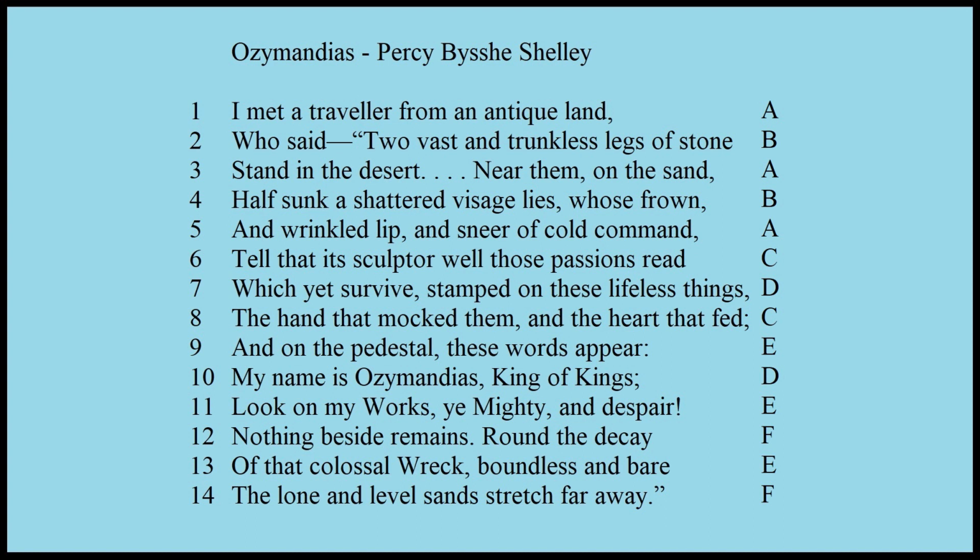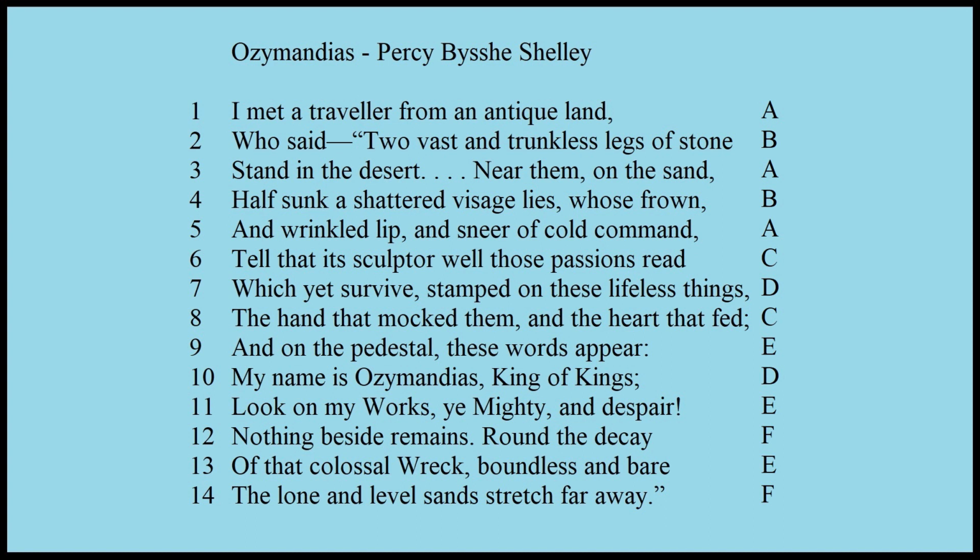I met a traveller from an antique land, who said two vast and trunkless legs of stone stand in the desert. Near them, on the sand, half sunk a shattered visage lies, whose frown and wrinkled lip and sneer of cold command tell that its sculptor well those passions read, which yet survive, stamped on these lifeless things, the hand that mocked them, and the heart that fed.